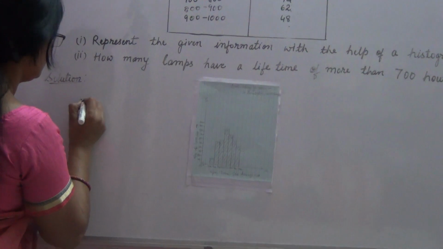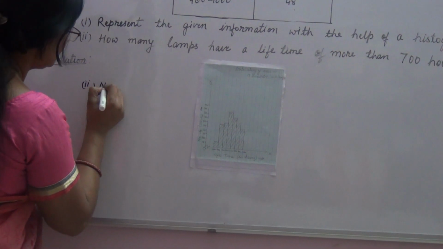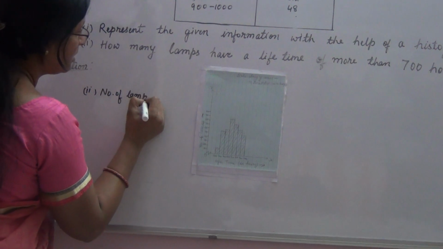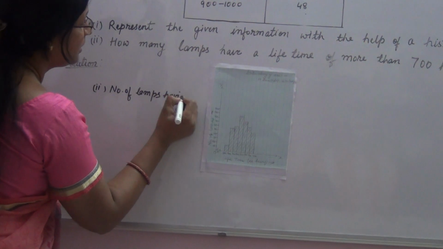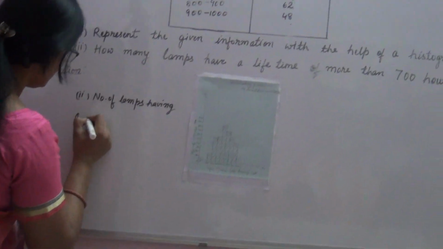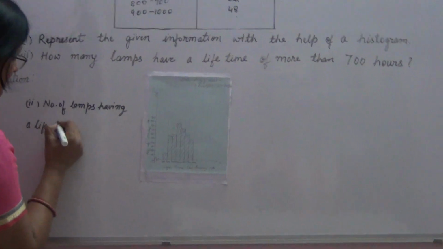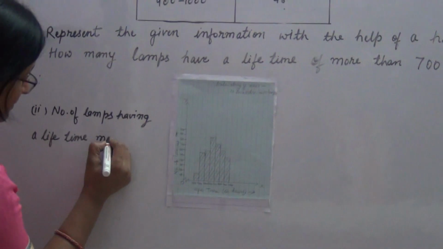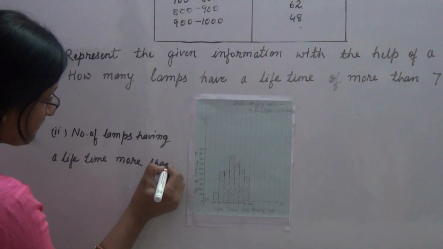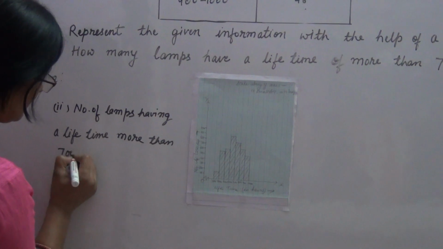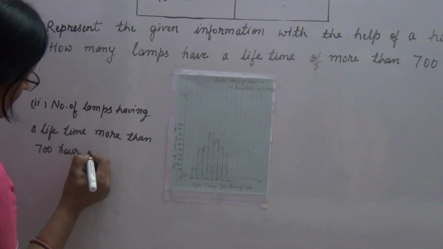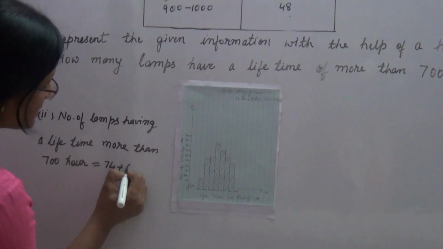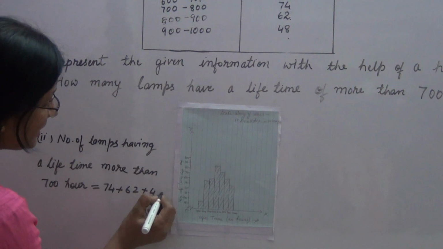So the number of lamps having a lifetime of more than 700 hours is equal to 74 plus 62 plus 48.